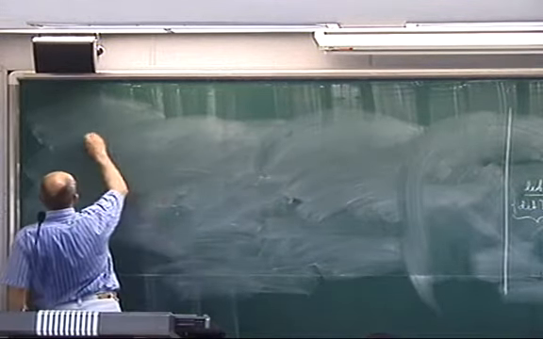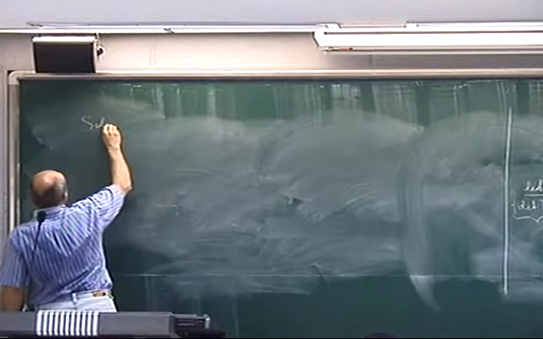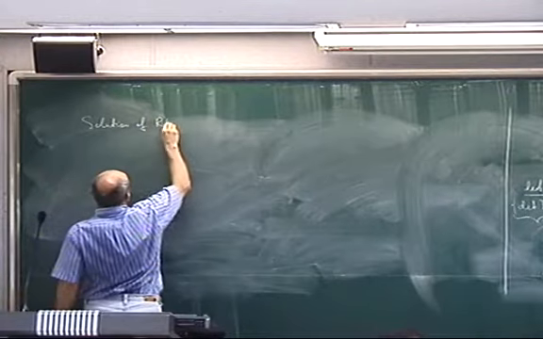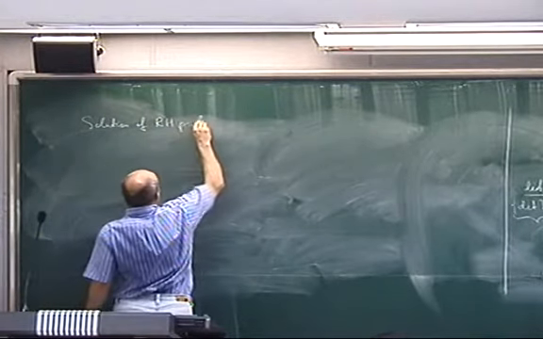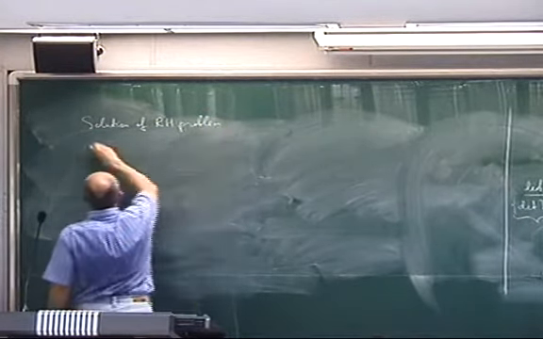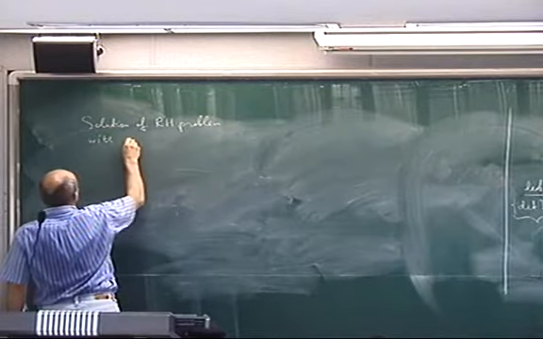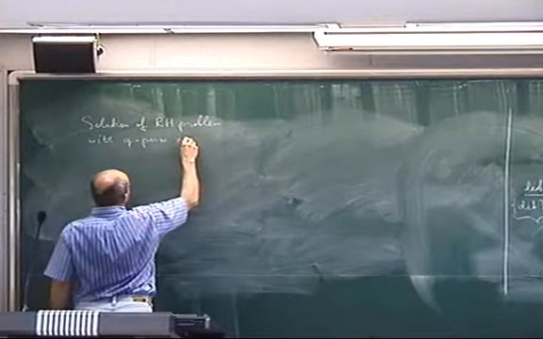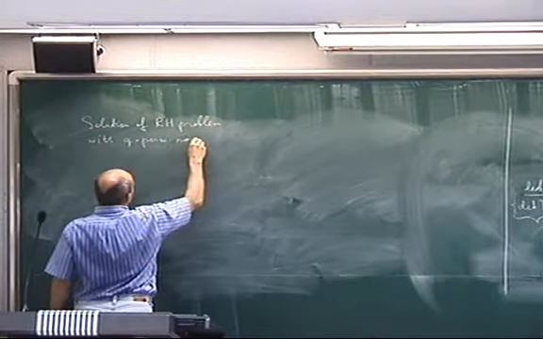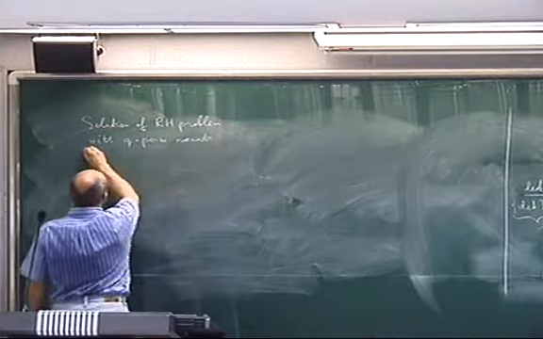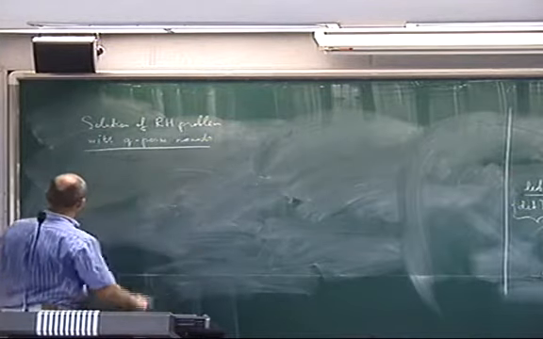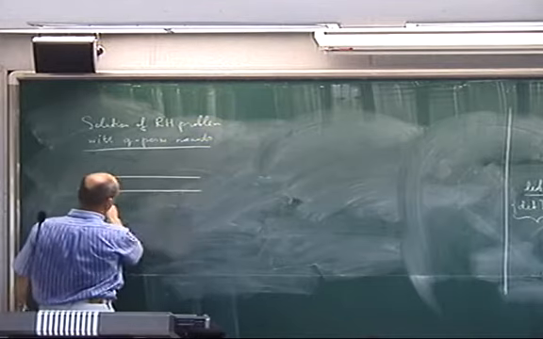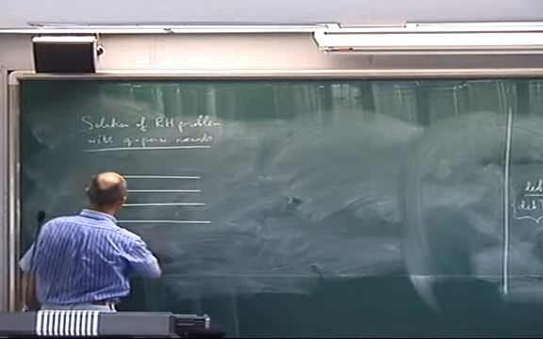And the solution of a Riemann-Hilbert problem with quasi-permutation monodromies. So let me recall that we are in the situation of Hurwitz spaces.